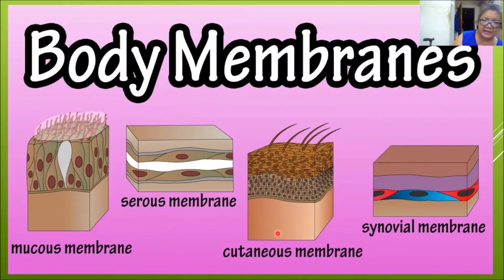This is multi-layered. You see here the epidermis, which is multi-layered, also in the dermis. Then your synovial membrane is the layer of connective tissue that will line the cavities of the joints, the tendon, the bursae.